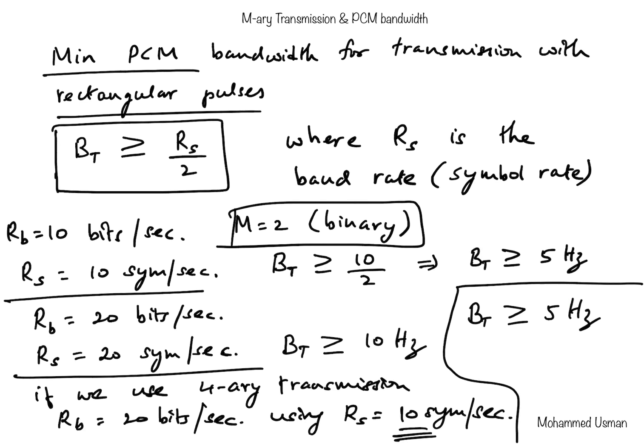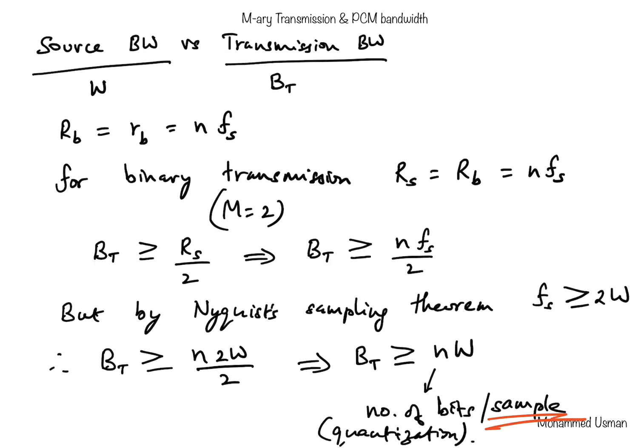And what we have seen previously from the quantization stage, the number of bits per sample N is equal to logarithm to the base 2 of L, which is the number of quantization levels. So these are 2 different things. The bits per sample comes from the quantization stage, which is denoted by the letter N, and the bits per symbol comes from the M-ary transmission stage, and we will denote it by a different letter.